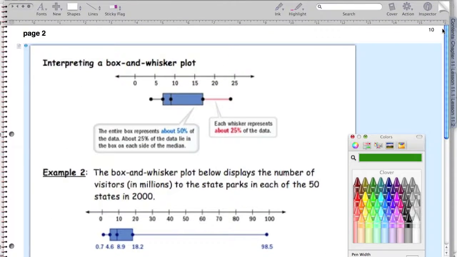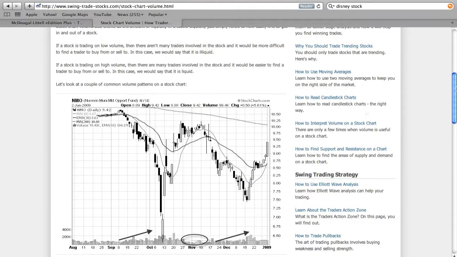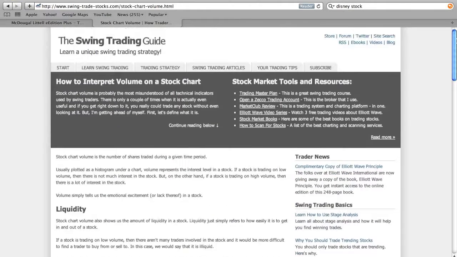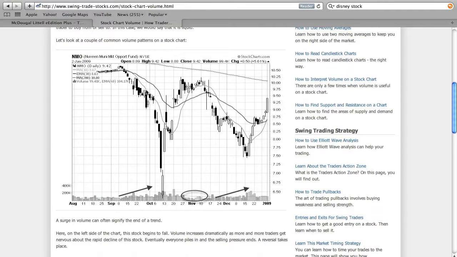On this page, we're going to identify what a box and whisker plot is and how it's used. Before we jump into that, I want you to see here, I pulled this up. This is a stock page, and it shows the swing trading guide. It talks about different methods of trading stocks, but you can see here there's a lot of box and whisker plots. The only difference is they're turned vertically instead of horizontally.